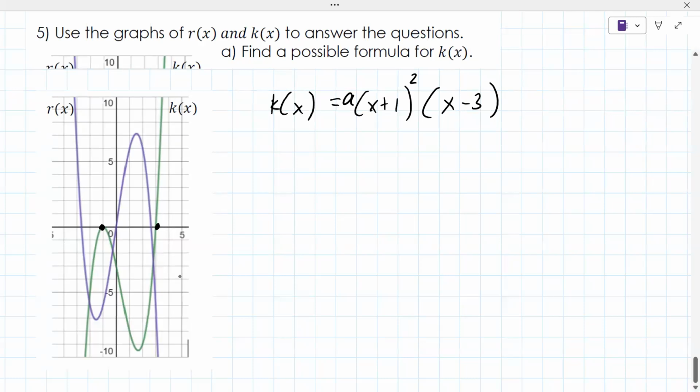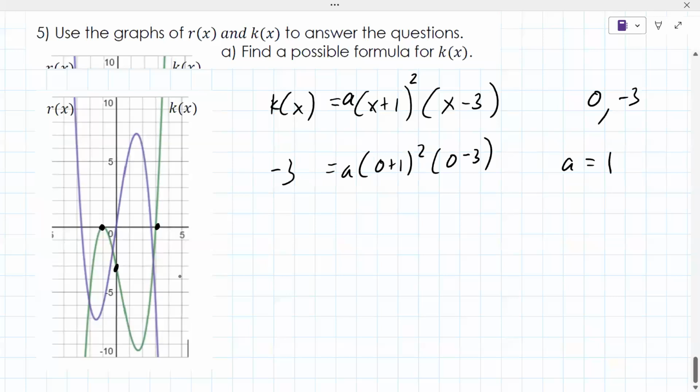And then to find the a value, you put 0 in for x, and it looks like it has a y-intercept of -3, which makes a equal to 1.